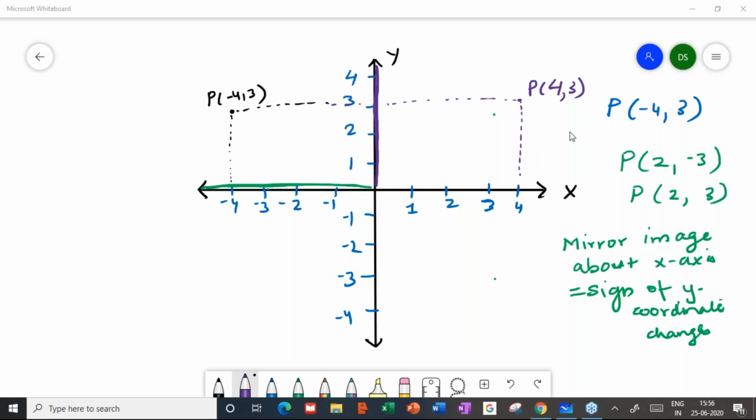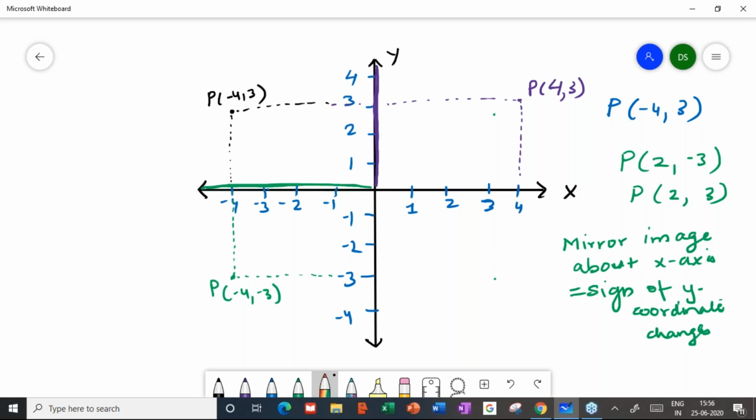Yes, Puneet, awesome. So mirror image about origin will change both the signs. So about origin will be what? Oh, I did not write the point here. Sorry. So about x-axis it will become minus 4 comma minus 3, right? And if I take about origin, both the x and y sign will change, isn't it?